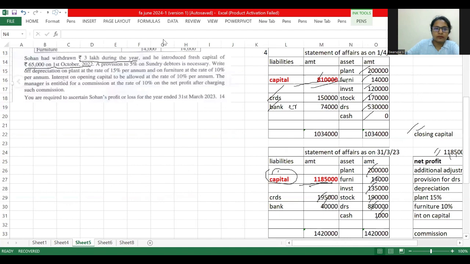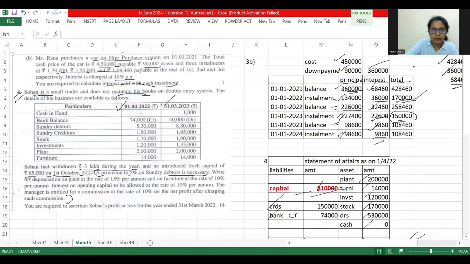Okay. Now there are certain entries, certain adjustments which have not been done, which are required to be done. A provision of 5% on sundry debtors is necessary. So what is our debtor? Debtor balance is 8,80,000.